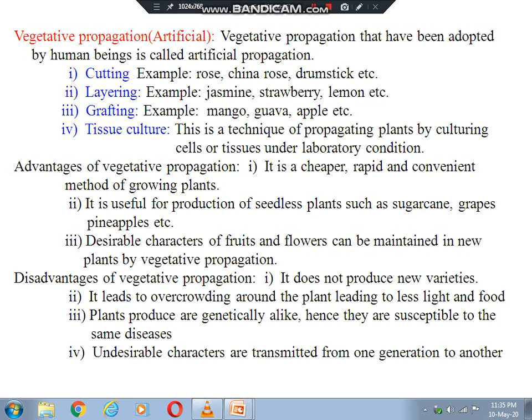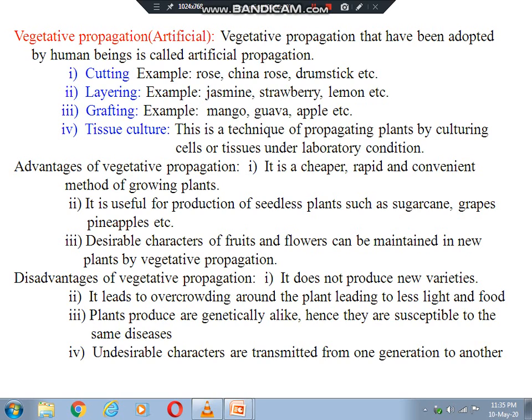So I am going through tissue culture. In this process, a very small part should be collected from the buds, shoots, shoot apex, or any other part of plant, which is called explant.